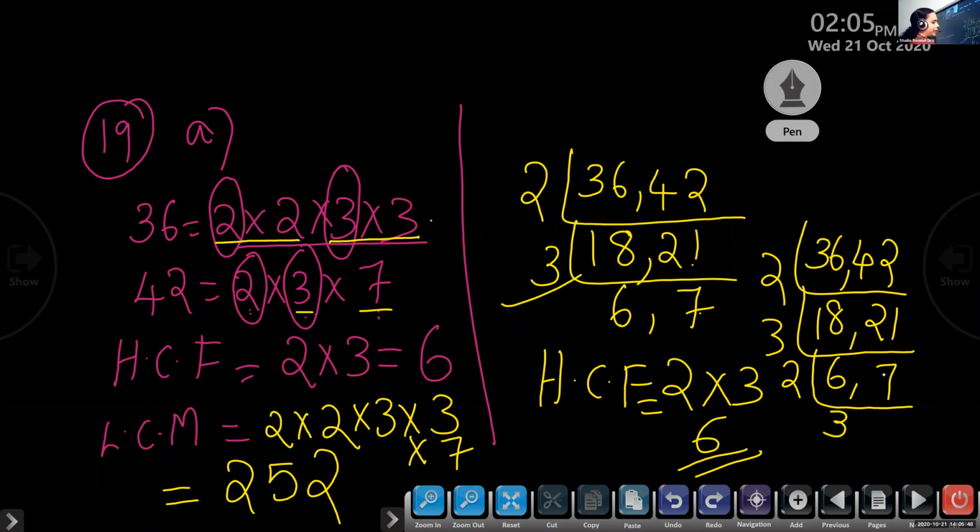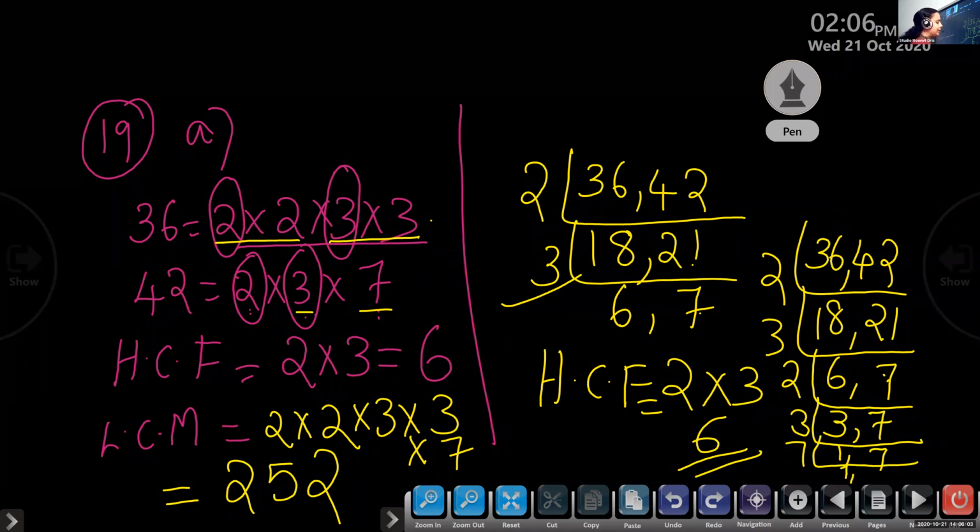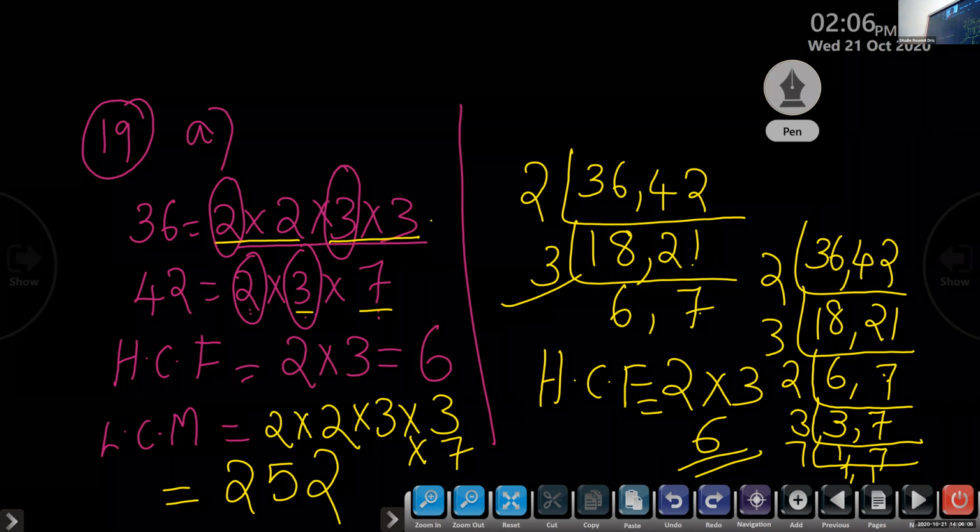But here we cannot divide by 2, so we will write 7 same like that. Now 3 we can take one time. 7 we cannot divide, again we will take 7. Children, we will do for LCM till 1, 1. That I will show you again in the next class, because now no time.